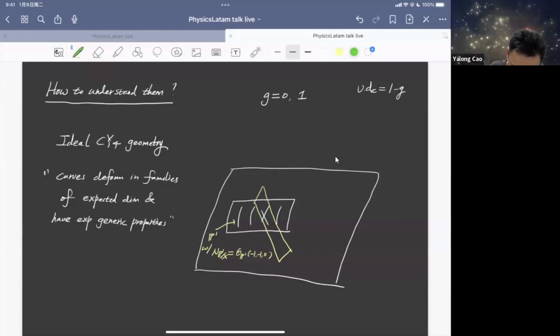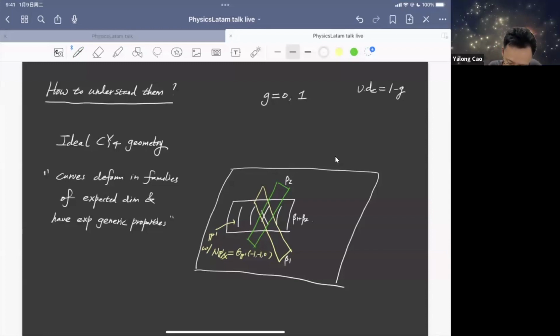And similarly, this curve should live in some extra rational curve family. And this family parameterizes curve class beta. Let's say this is beta 2, and this is beta 1 plus beta 2. And this is the behavior of genus 0 curves.